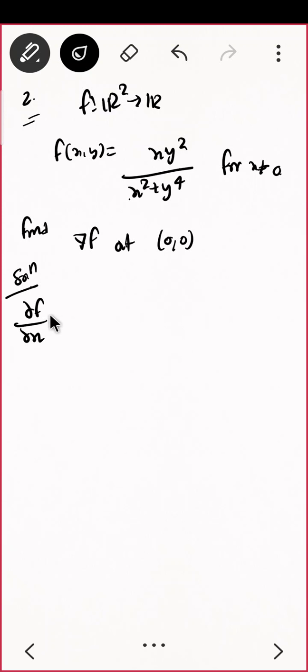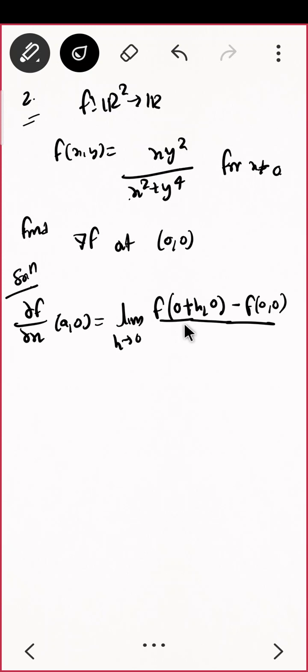What is the definition at 0, 0? The definition is this: limit h tending to 0, coordinate changes will be in the first coordinate, that is f of 0 plus h comma 0 minus f of 0, 0 upon h. Correct? And let us put it quickly. Do you see one line answers? This will be h comma 0 in the place of this, so it is 0 minus 0 upon h, that is 0.